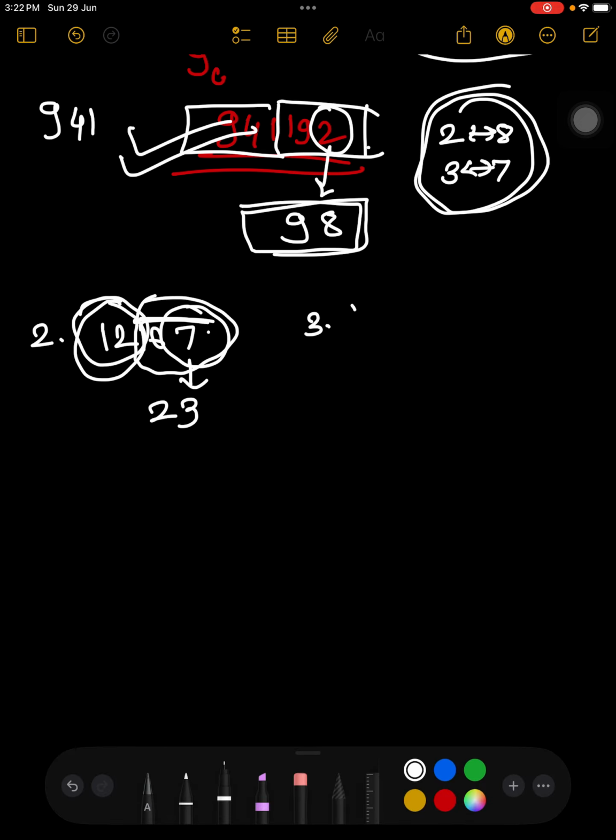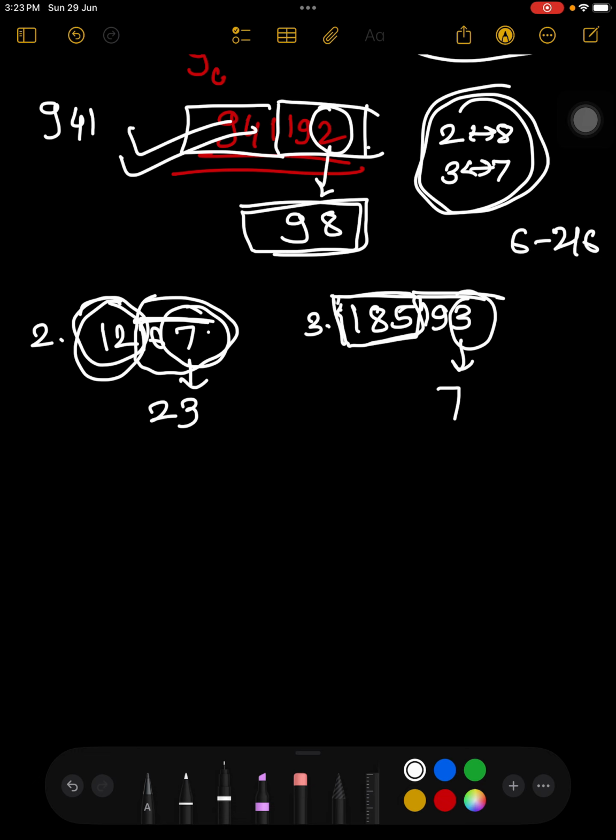Now let's take the third example, 185193. What is the last digit? It is 3. The pair of 3 is 7. Remove the last 3 digits. Whose largest cube can be subtracted from 185? 6 cube is 216, so no, and then 5 cube is 125. So yes, 5 cube is subtracted from it. The answer is 57.